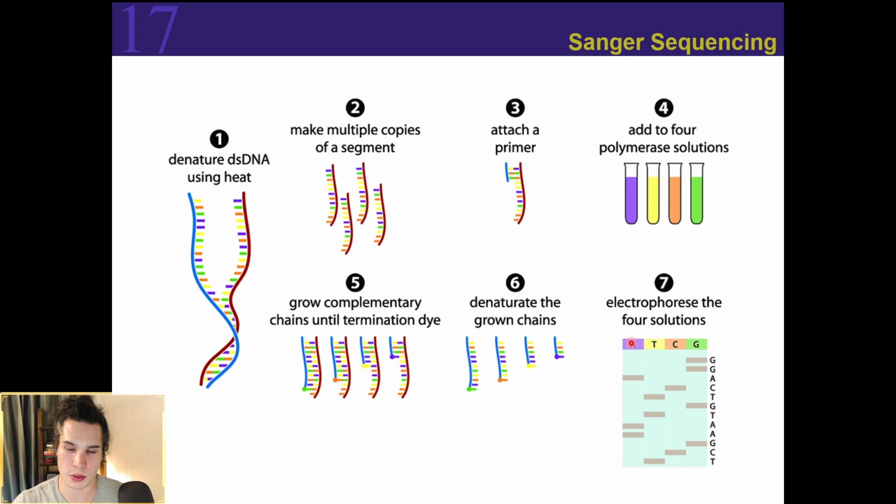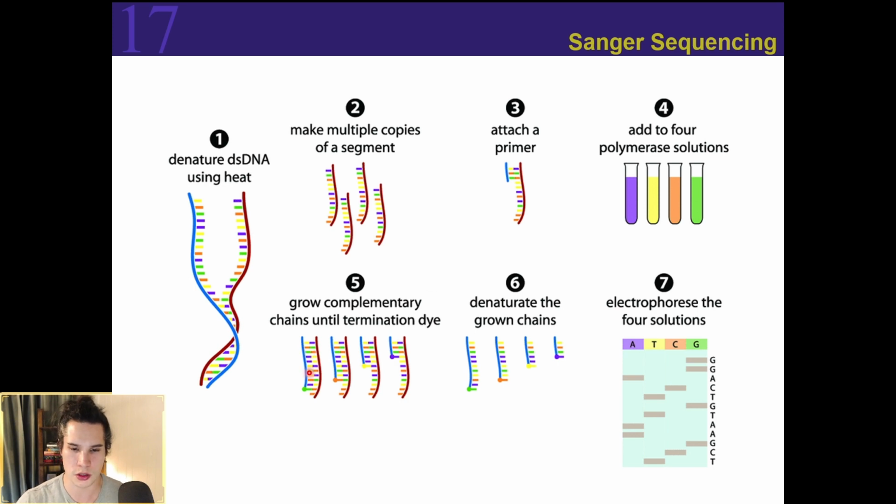Every time it reaches a place where it would normally integrate an adenine, instead of integrating a regular adenine, it might integrate a marked adenine. And when it integrates that marked adenine, it dislodges, leaving a small fragment of DNA. Now the same thing's going on many times in all of these vials.